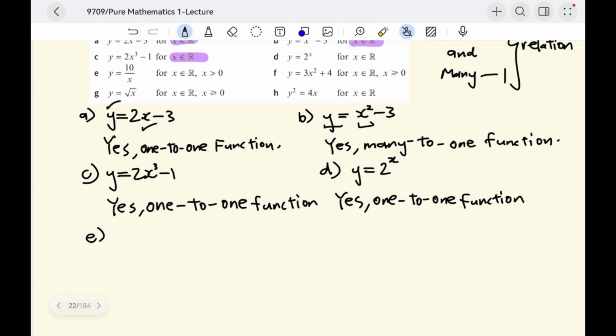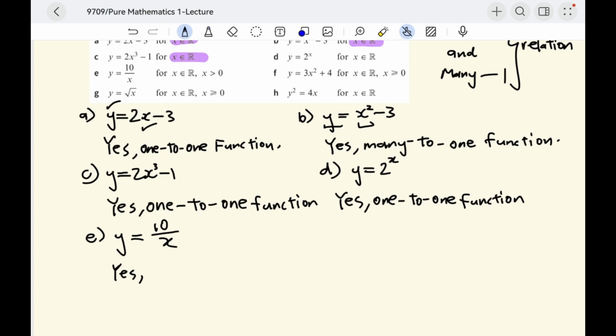Okay, E is y equals 10 over x for x all real numbers, but x is always positive. So it is a reciprocal function. Obviously it is a function because y equals a function of x.